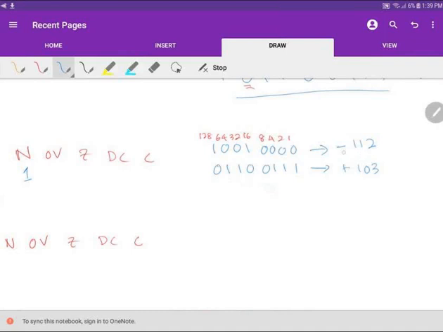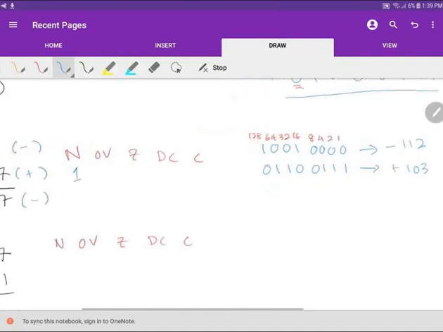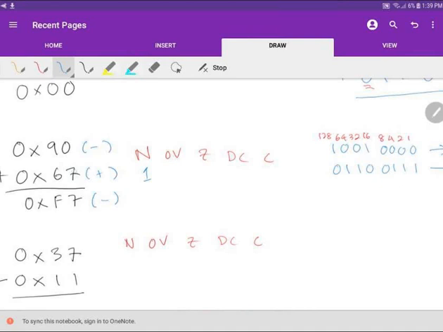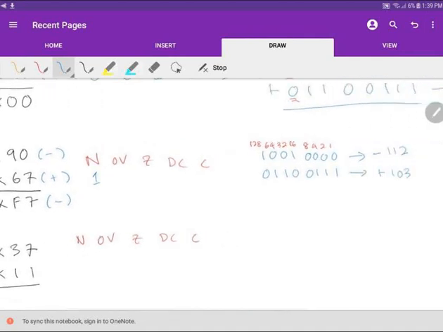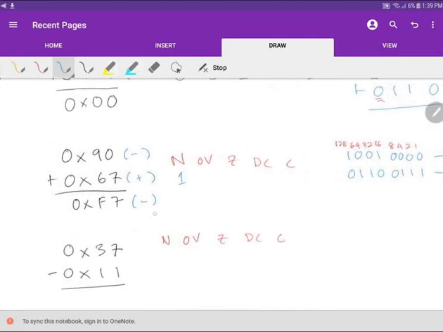So in this case, yes, the negative number is larger, but still, whatever I mentioned just now, don't take the number as it is. There will be some other examples where the number doesn't really reflect a larger negative number. So I'm not so sure whether it is in this example or not, but you need to check. So in this case it is true, you're supposed to get negative and you are getting negative, so therefore there is no overflow.